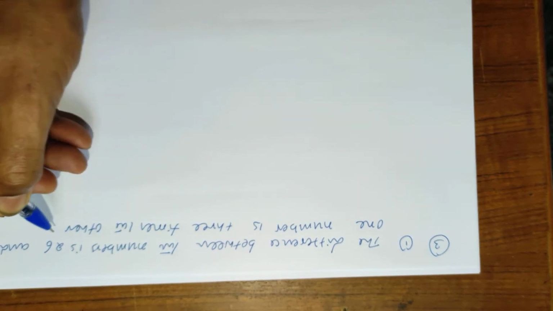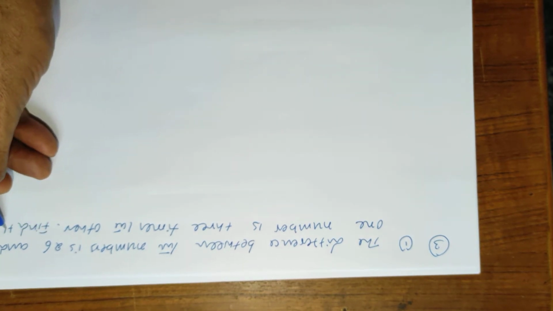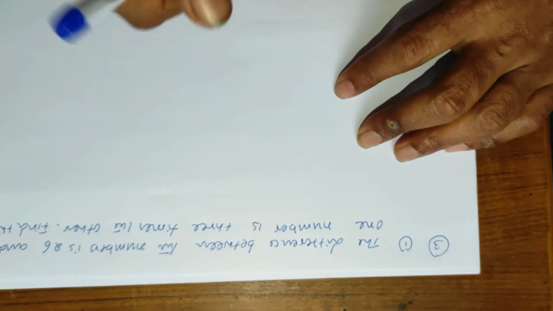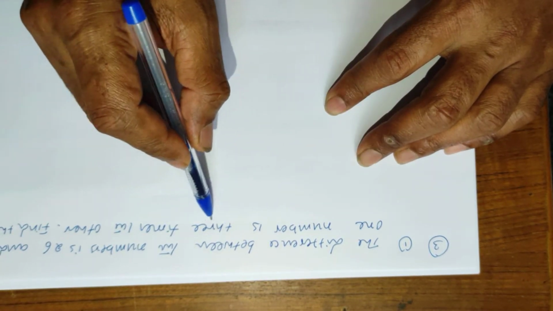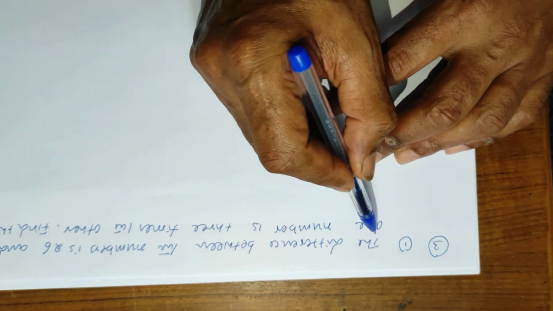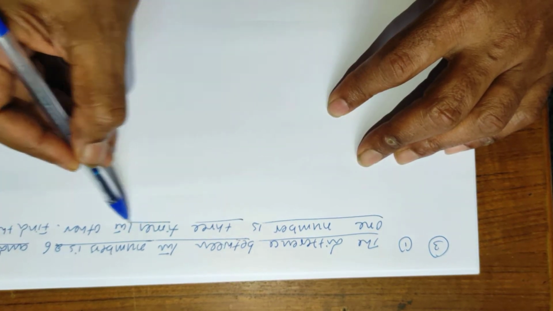So one is bigger and another one is smaller. Find them. So read the problem once again. There are two numbers. One is 3 times the other, and the difference between those two numbers is 26.